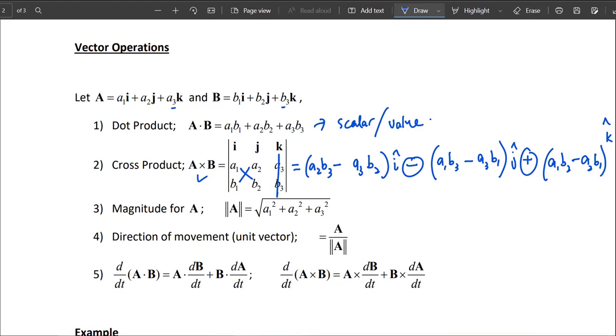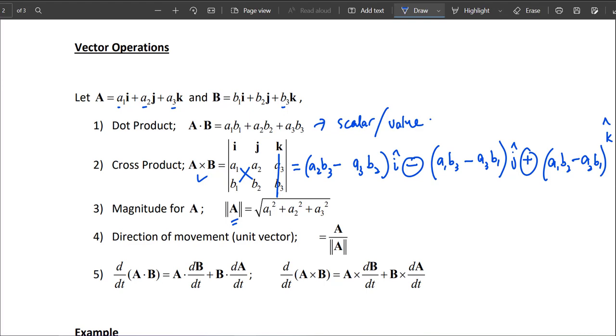For magnitude, the magnitude of A: A is a vector, so we want to find the magnitude of A. This is the notation for magnitude. It is the square root of A1 squared plus A2 squared plus A3 squared, all in square root.